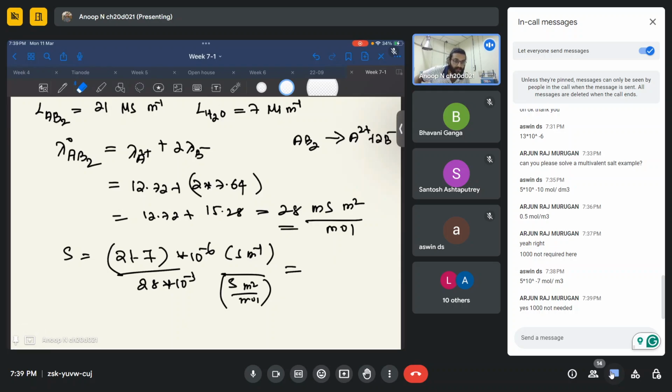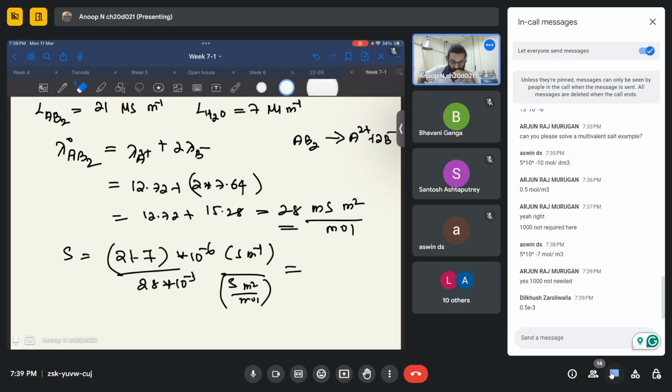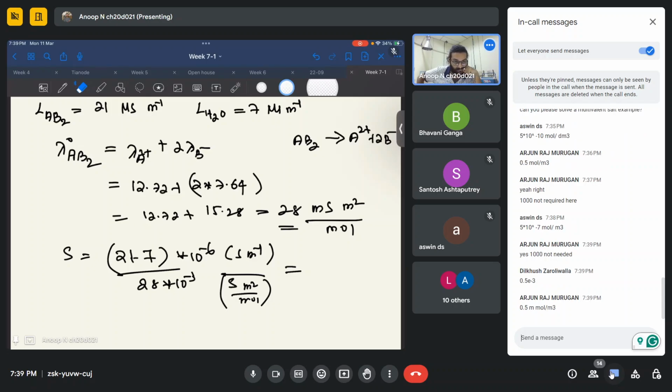What will be the answer? The answer will be 0.5 into 10 raised to minus 3 mole per meter cube.